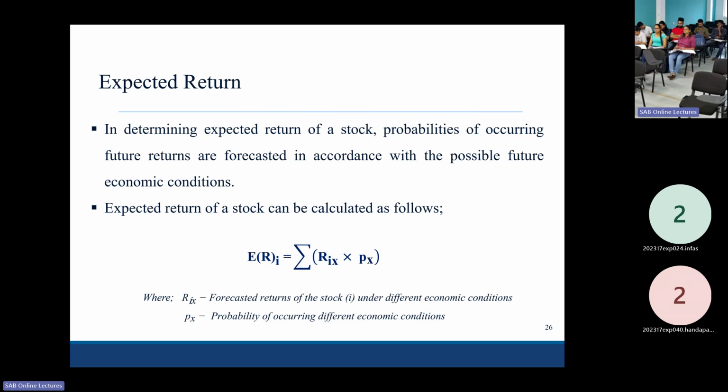Previously we discussed average return, which is based on past or historical data. But you invest today with the expectation of this much in dividends and this much in capital gains in the future. So these expected returns are what you expect in future.